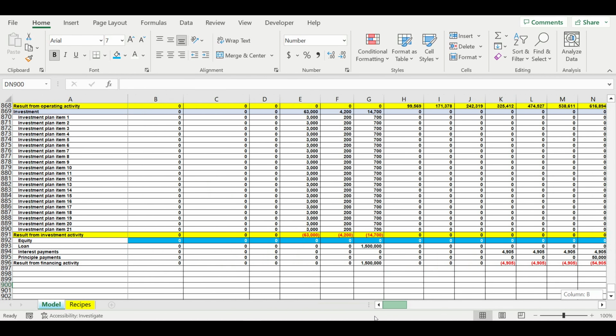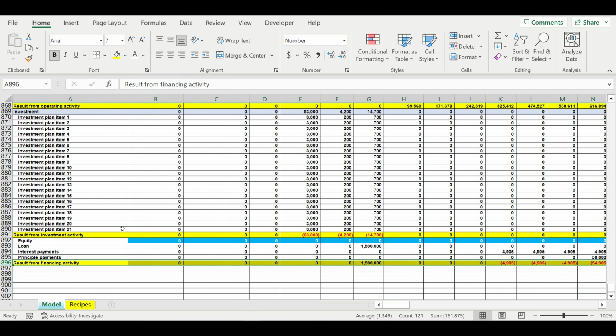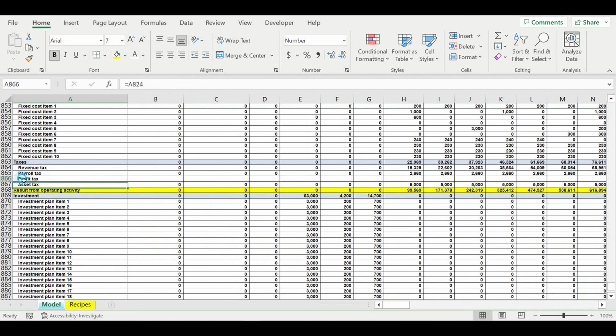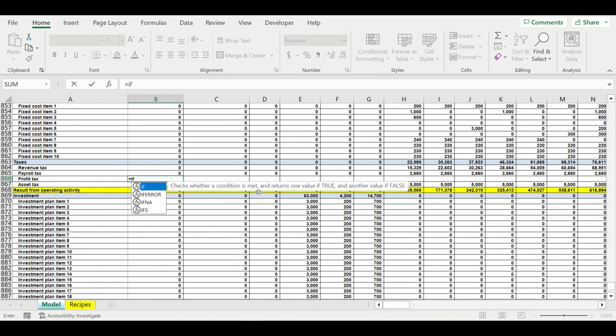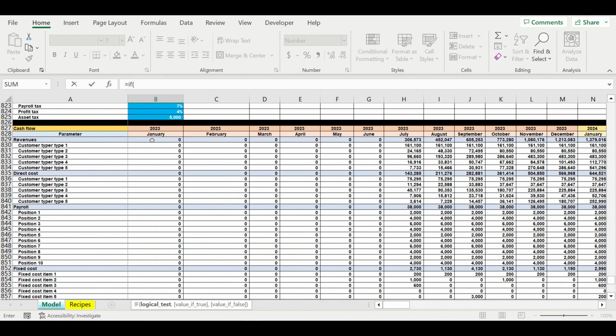Let's color it with yellow. Then we can get back to profit tax. So now let's write the formula. We are giving the definition of the tax base for the profit tax.